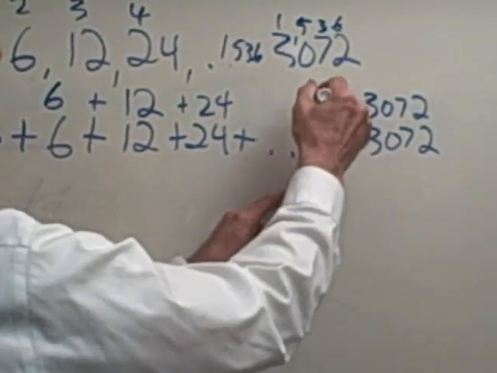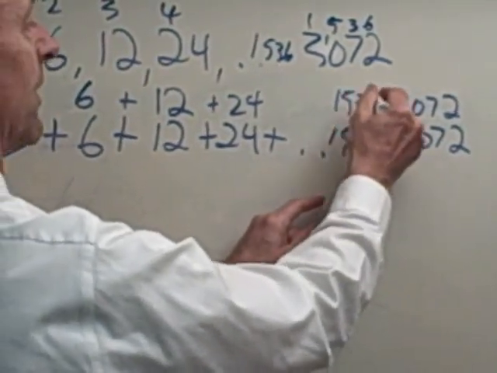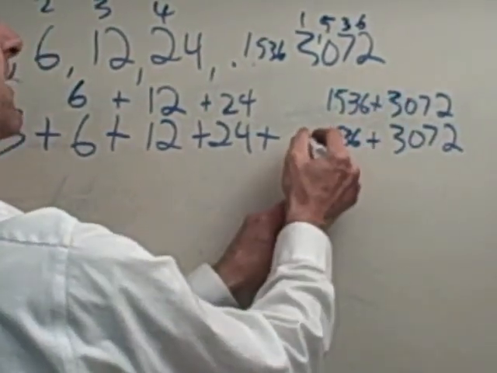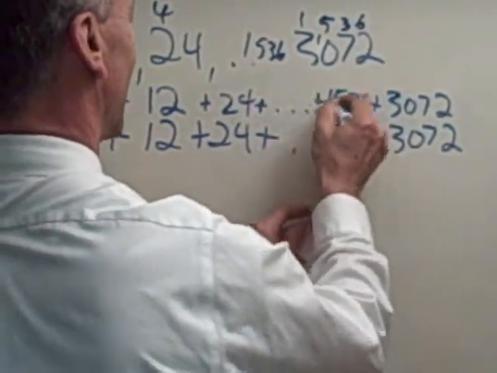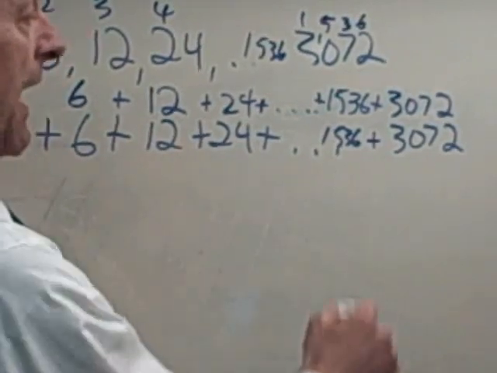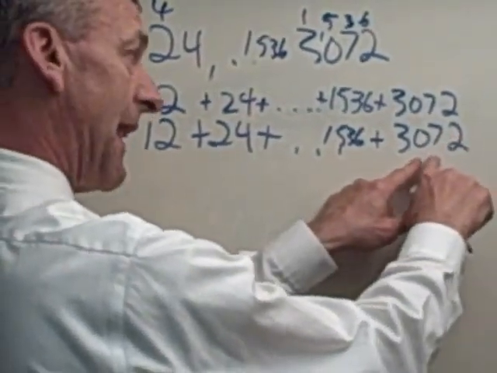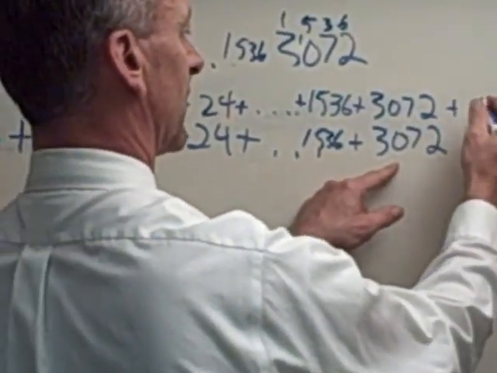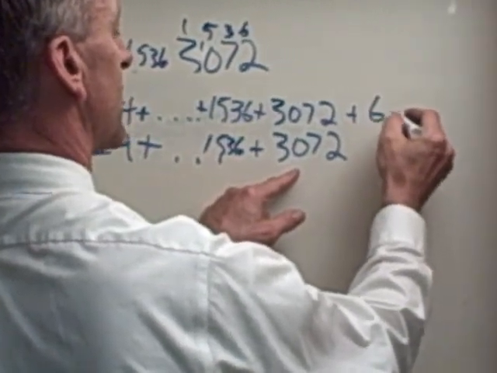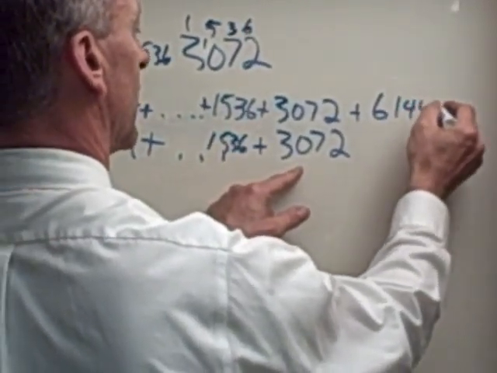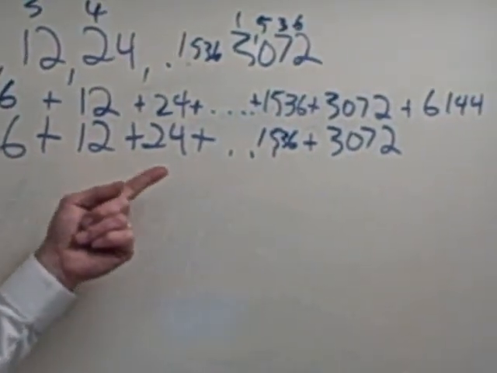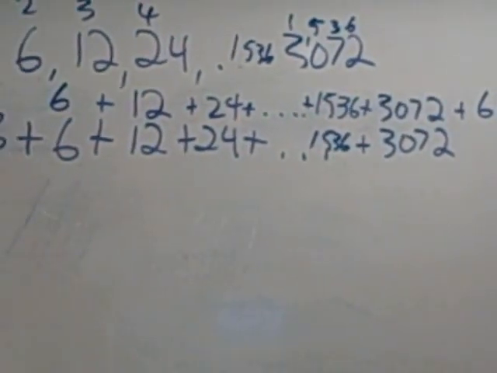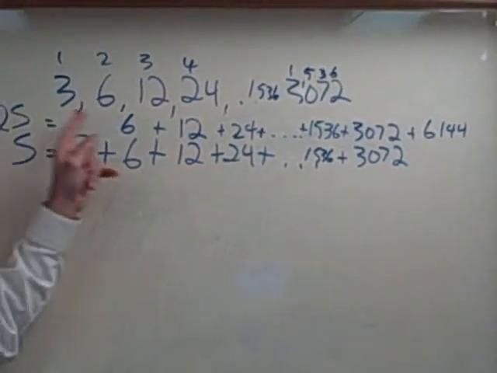I got the 1536 when I multiplied half of that times 2. And now I've got to multiply this last one by 2, which is 6144. So what I have done now is I have multiplied the bottom equation, both sides, by 2.